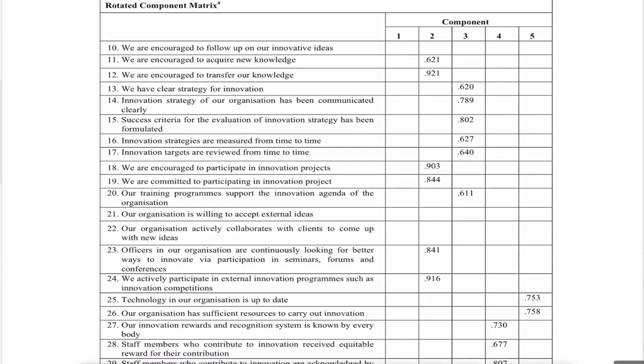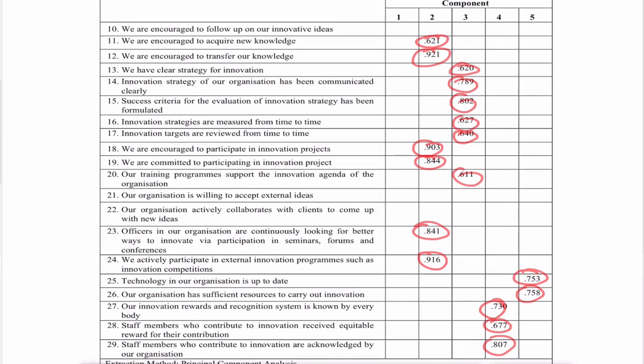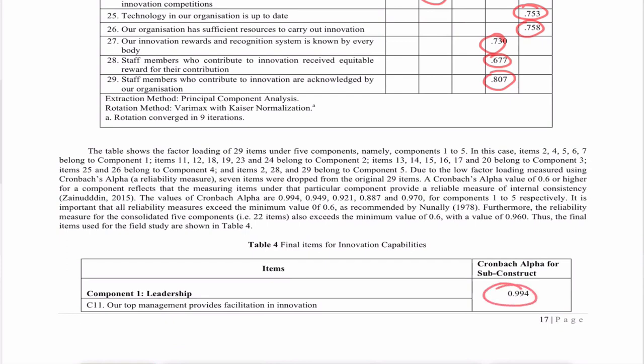Then for the second construct, you can see it's questions 11, 12, 18, 19, 23, 24. And then for the third construct, these questions are loading, all of them. And then the fourth one, there's only 3, question 27, 28, and 29. And the fifth one, only 2. Remember, that's a risk. And then you'll see there's questions like 22 and 21 that's not loading anywhere, so you will not use them. Then when we look at the Cronbach alpha, there's the Cronbach alpha for leadership, which is the first factor.